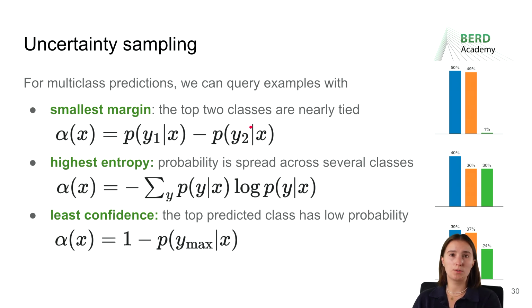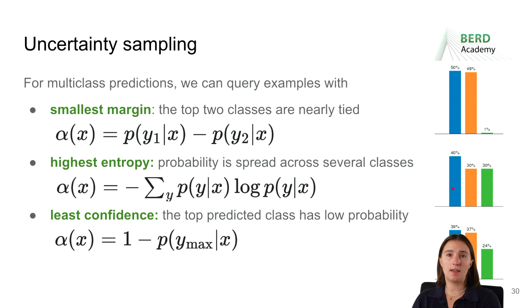For example, the ones with the smallest margin. Here in this example, we see that the top two classes are nearly tied. So we are not too certain which of those two classes is the correct one, and acquiring a new label for such an instance would improve the model, give new information.